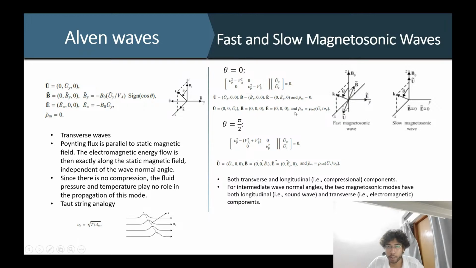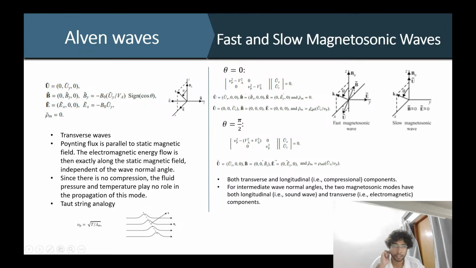But rho M is not 0, because K dot U will give you something non-zero. So here the electromagnetic field is 0, there is no electromagnetic wave, but we do have a compressional wave.